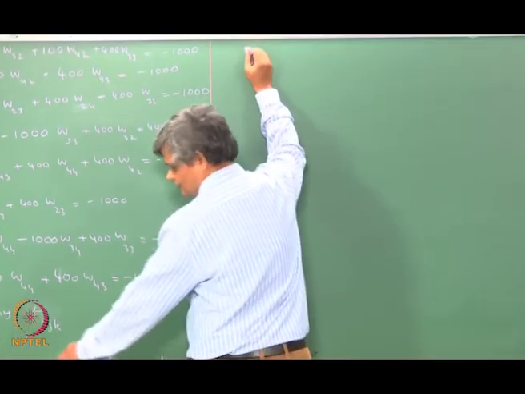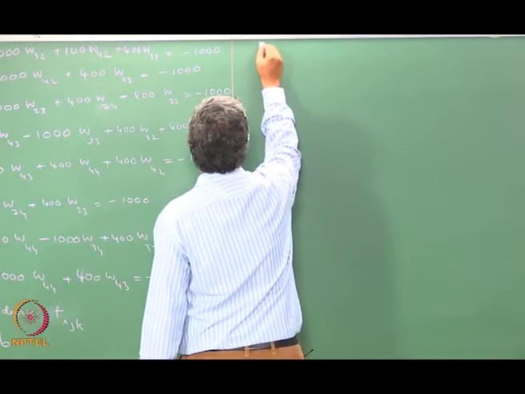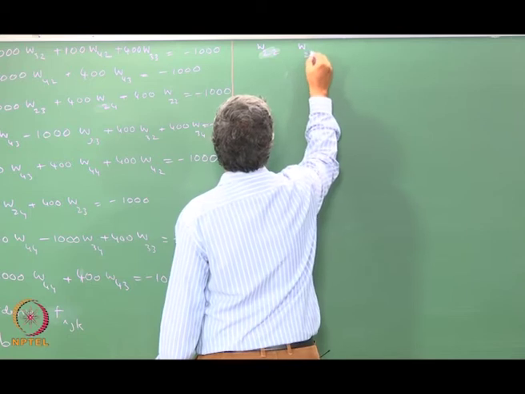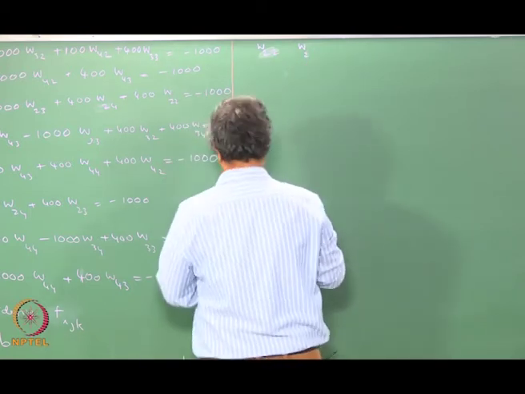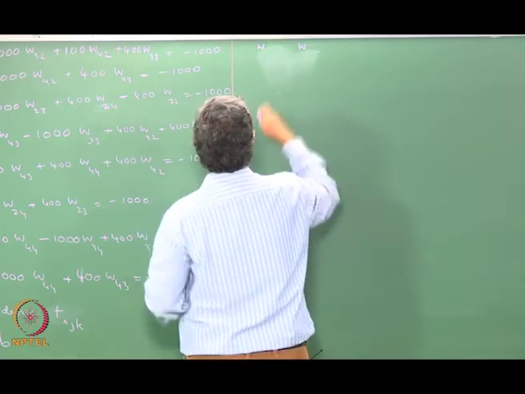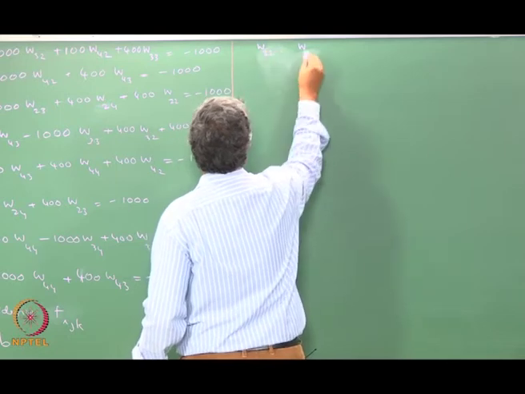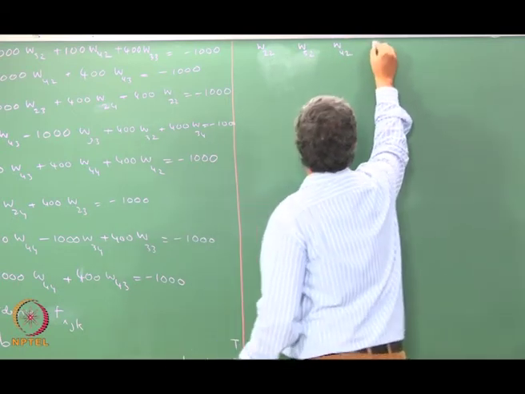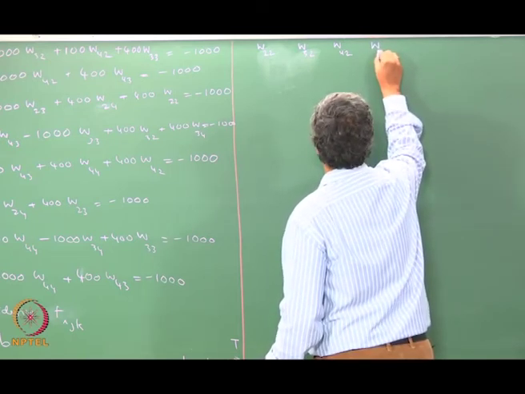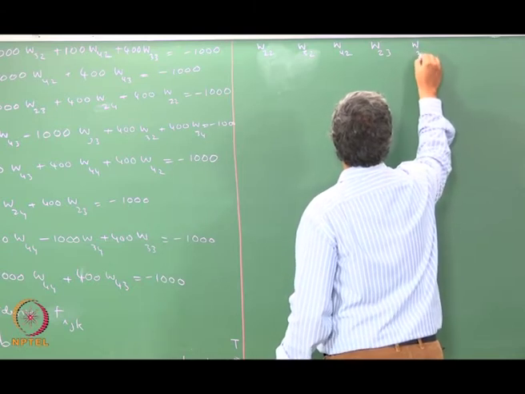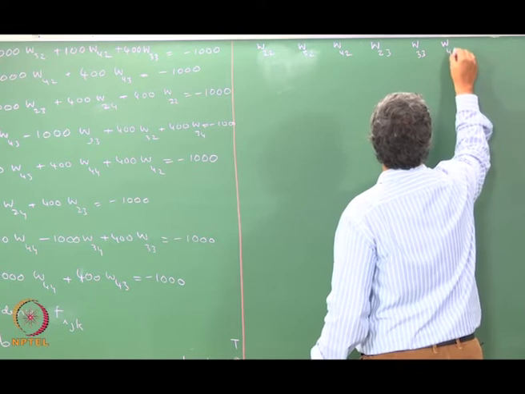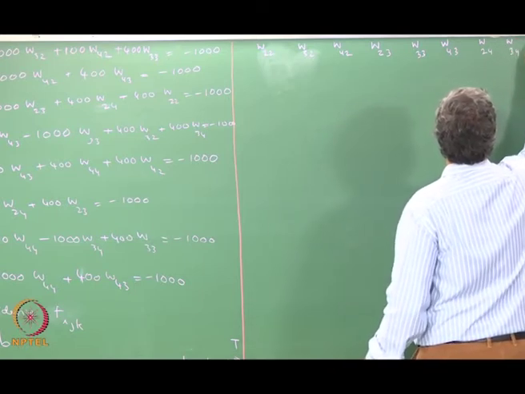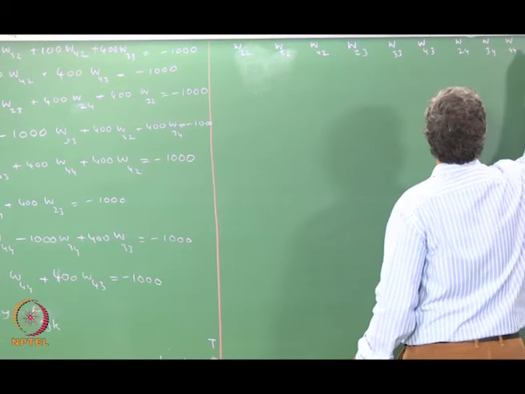For this we will just copy down these things here. So we have W22, 32, 33, okay.